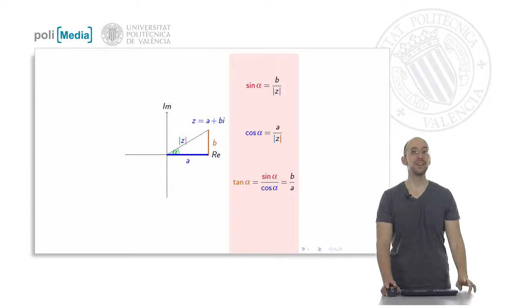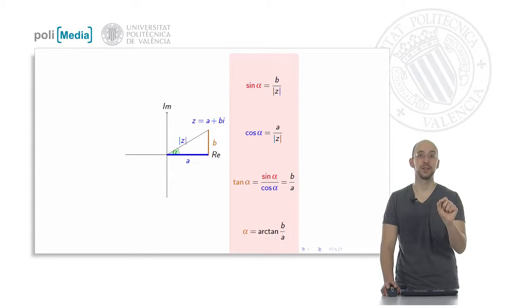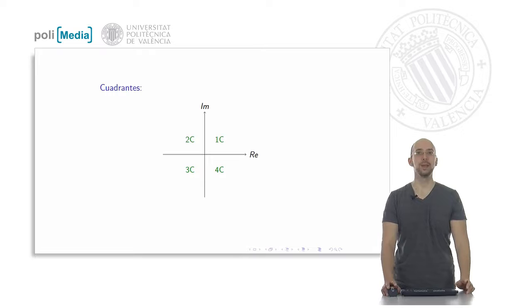Therefore, if we apply the definition of the tangent, which is the sine of alpha divided by the cosine of alpha, we have b divided by the modulus of z, divided by a divided by the modulus of z, and we are left with b divided by a. If we apply arctangent in both parts of the equality, or clear alpha, what we have is that alpha, the argument of the number z, is the arctangent of b divided by a.